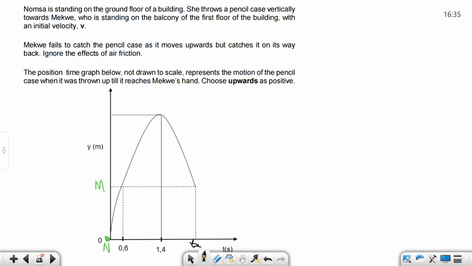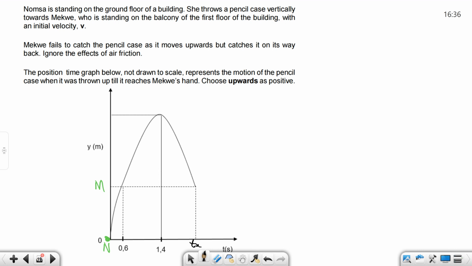Other answers from home? Those of us from home? Ashley, talk to me. BB, talk to me. The time it takes for the object to move up is the same time it will take the object to move down to where it left.